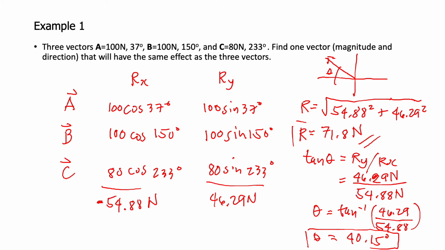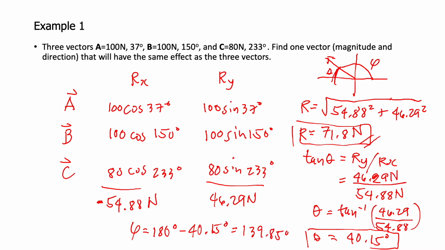Now note that this theta is with respect to the negative x-axis. So if you want to know the angle between this vector and the positive x-axis, let's say this is phi, we can just subtract: phi is equal to 180 degrees minus theta, which is 40.15 degrees, which is equal to 139.85 degrees.